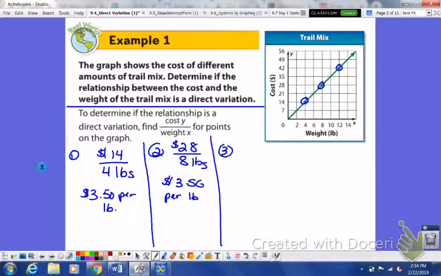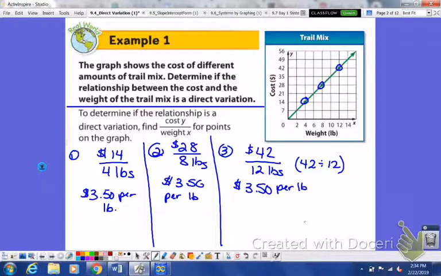And last, look at our third example. We're up at 42. We moved over 12, so that's $42 over 12 pounds. Again, divide them. Just make a note of that. So 42 divided by 12 again gives us $3.50 per pound. So yes, it is proportional. And just to go through our checklist, first thing we check, is it going through the origin?